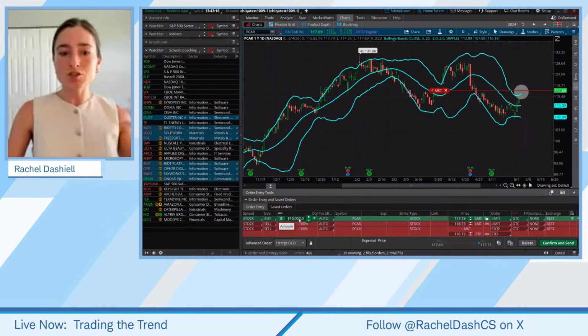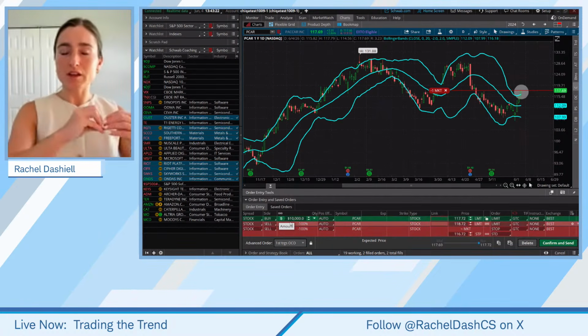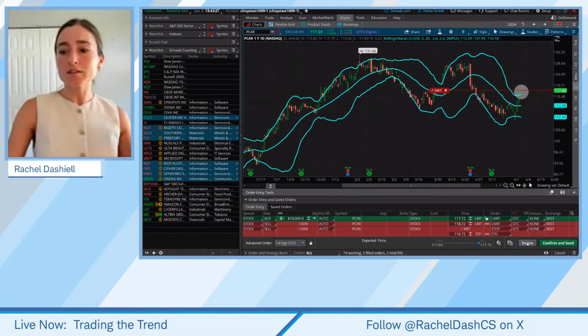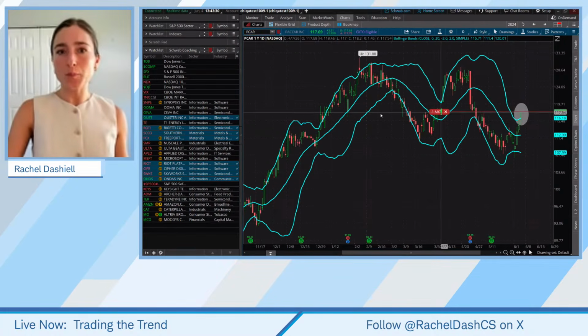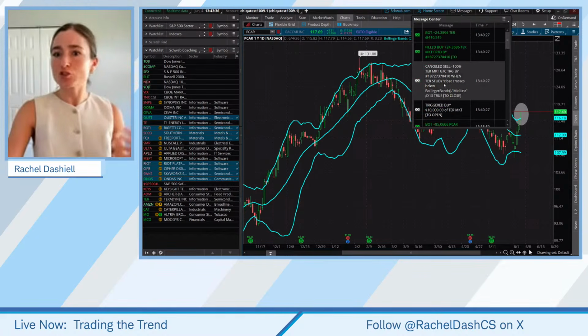So you don't actually see the trigger within this, but this is actually a trigger that does the math for you. It cancels out that trigger order and then sends the order based off of the calculation so you don't have to do the math. So a lot of times when you do see a cancellation pop up, it is because of one of those types of orders. So you'll see that in your messages as well, like that trigger was canceled.